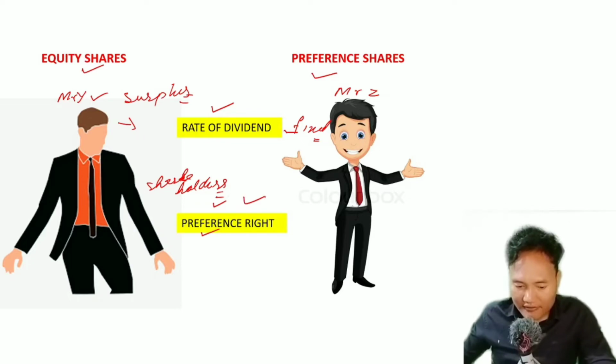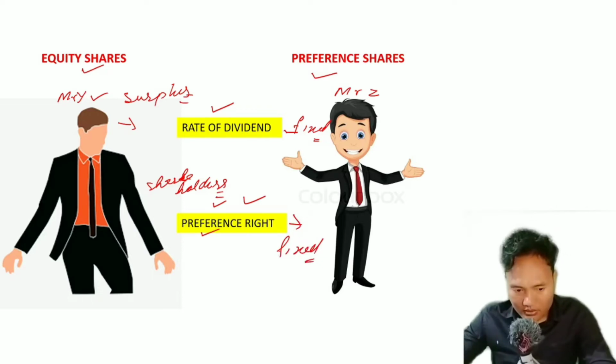The dividend is first of all paid to the preference shareholders, as they have a fixed rate of dividend. Now a question may arise: why do equity shareholders get a dividend after the preference shareholders are paid? Because equity shareholders are the owners of the company. That's why the first preference is given to the preference shareholders.